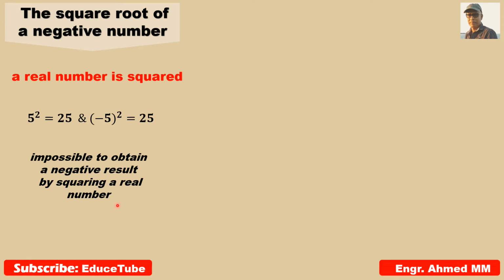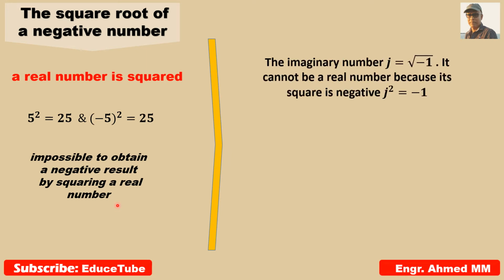So we have to deal with the imaginary number. What we are doing here, for the imaginary number, we are considering j equal to the square root of minus 1.